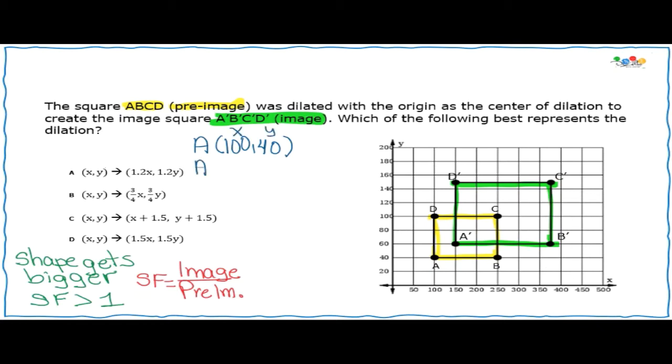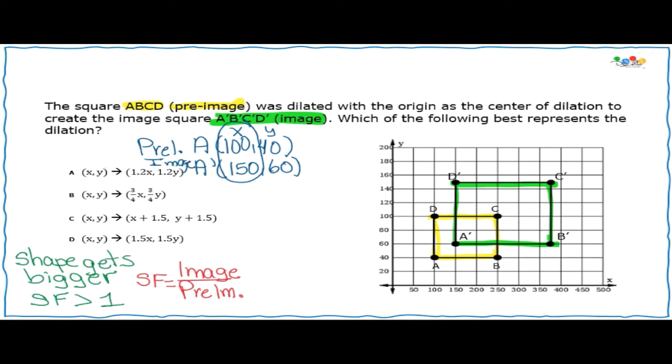What about A prime? Do I know the value for A prime, the coordinates? It's going to be 150 and 60. Very good. So now I want to compare the X's. So I'm going to circle this, right? And you got to remember who's the image, who's the pre-image, right? So the first one is what I call my pre-image. And this is my image.